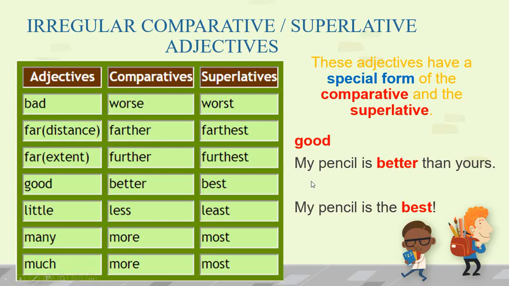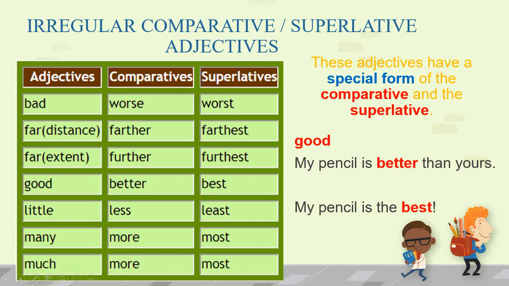We're comparing my pencil and your pencil. And for the superlative form, it's going to be best. So we are going to say, my pencil is the best. My pencil compared with all the pencils that are in my classroom, for example.